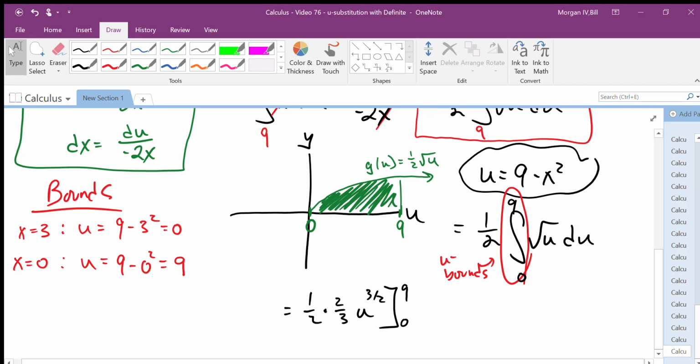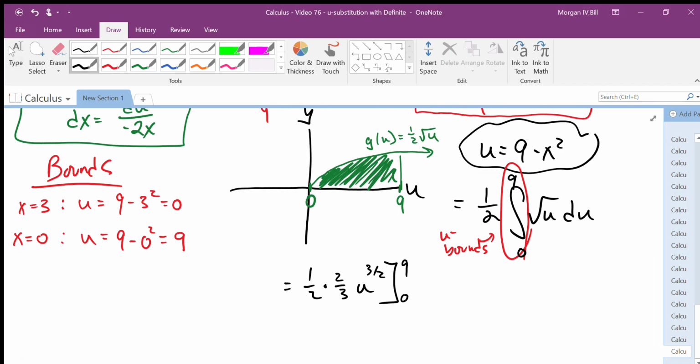Since these are u bounds, we can simply plug them into the u value. We don't have to turn this back into x's. The 2's cancel, so we have 1/3 u to the 3/2 from 0 to 9.